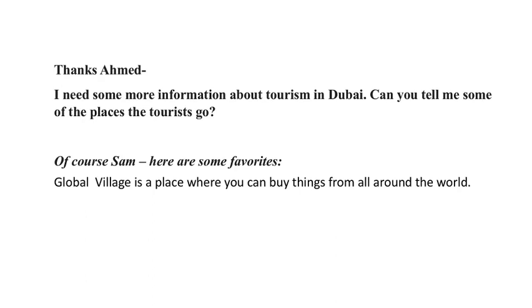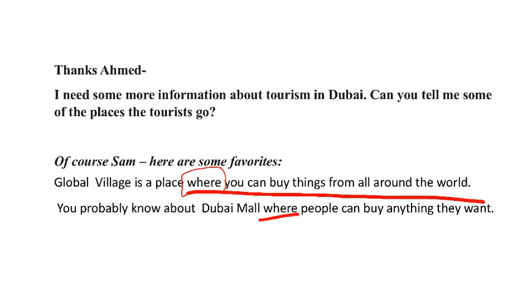Can you find the relative clause here? That's right. It starts with the word where. And so we can use where to begin a relative clause that deals with place.